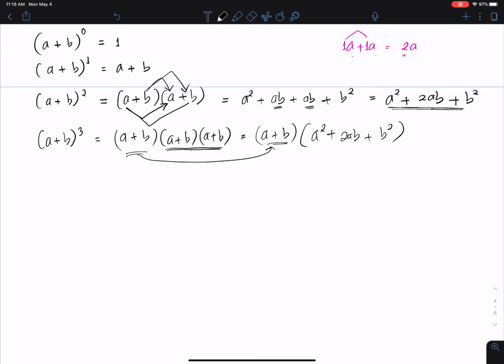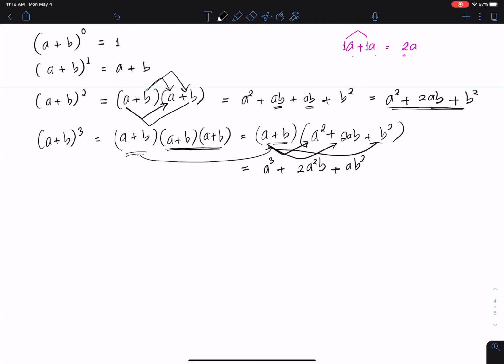Then we can multiply this. So a with a square, a times a square will be a to the power of 3. And then a times 2ab, so 2 a square b. You have to be able to figure that one out. And then a times b square, we get ab square.